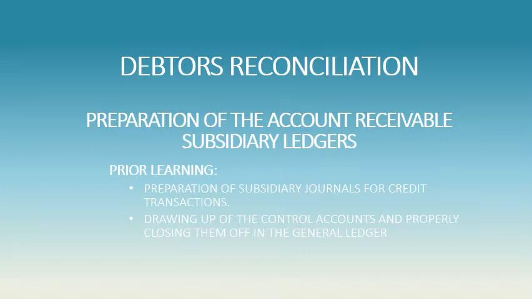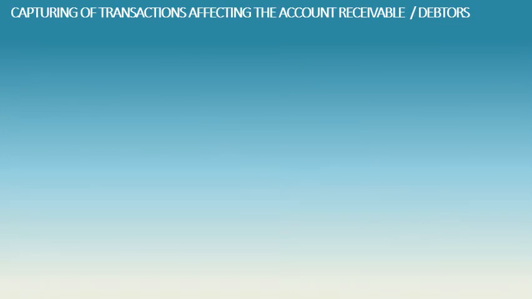You've also closed off the subsidiary journals and drawn up the control accounts, properly closing them off in the general ledger. Let's look at the process of capturing transactions affecting accounts receivable in both the subsidiary journals and the control accounts in the general ledger.